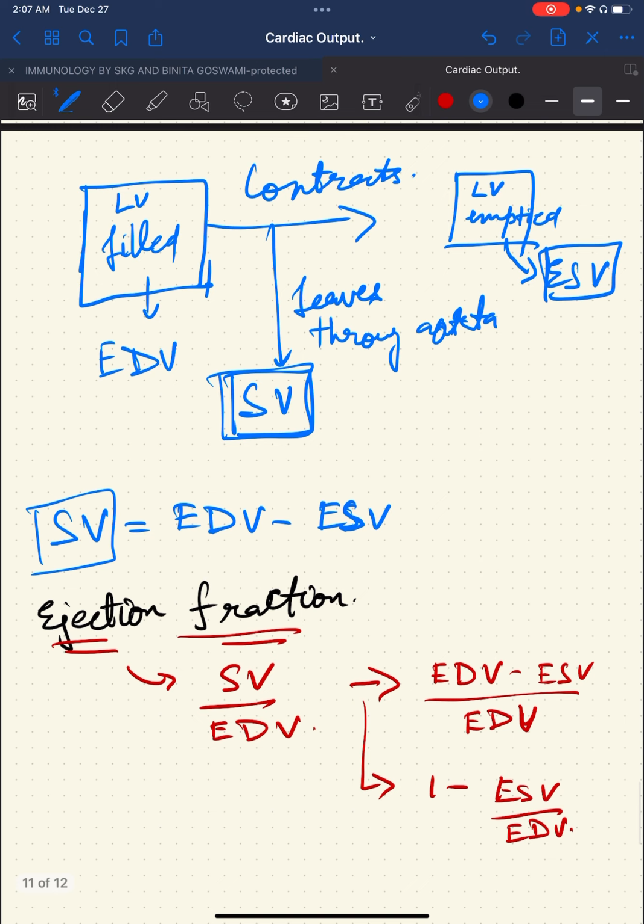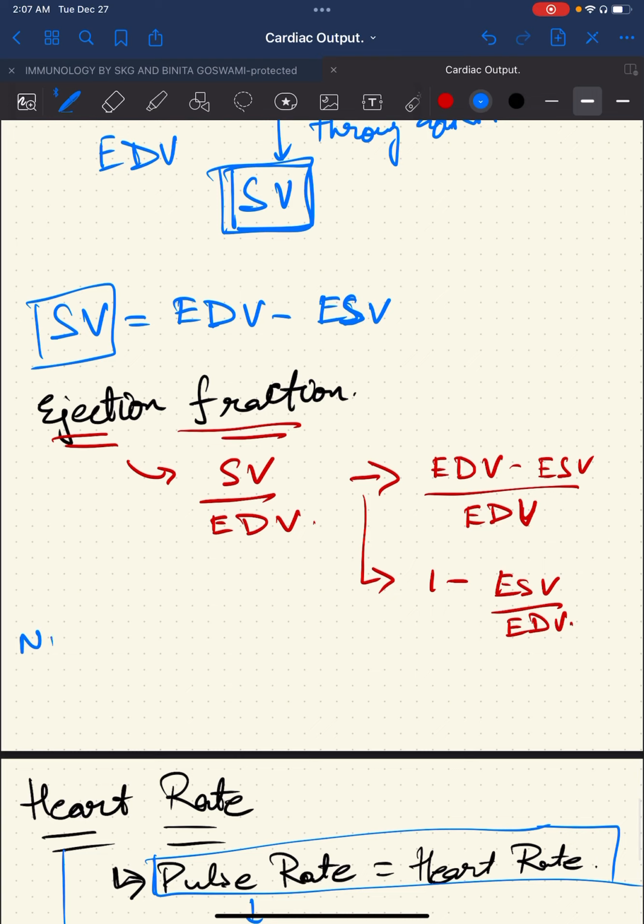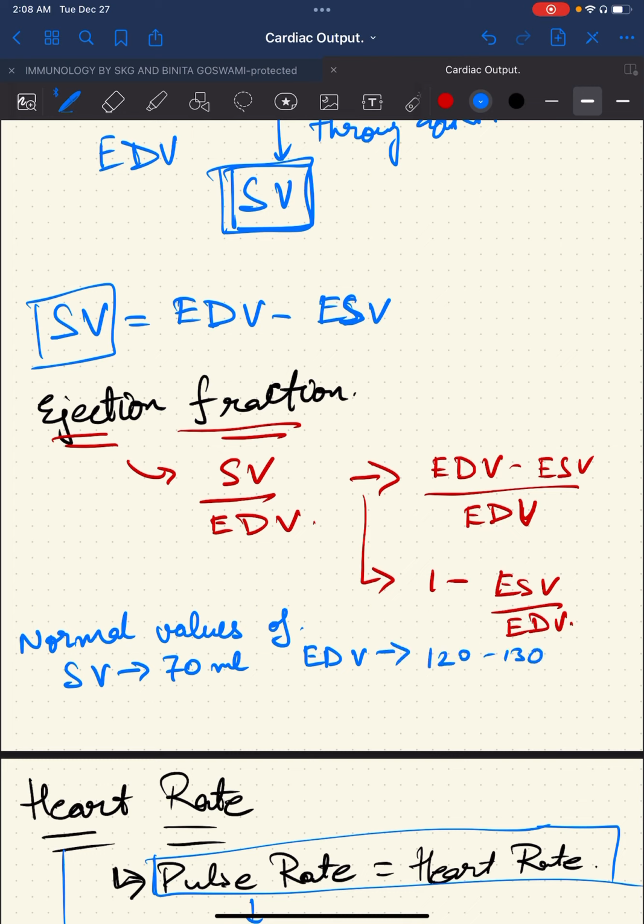Similarly, the normal values of SV is around 70 ml, EDV is around 120 to 130 ml, and ESV is around 50 to 60 ml.